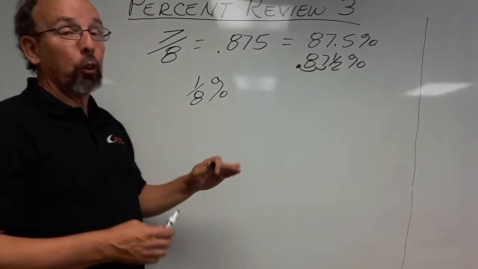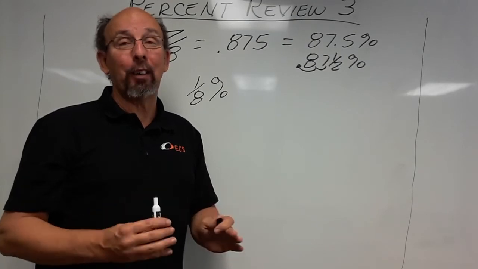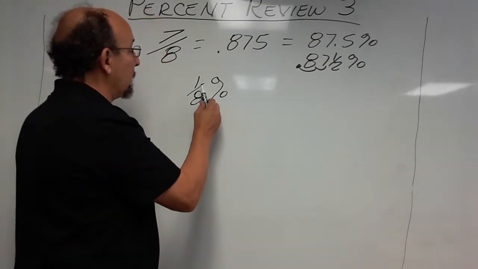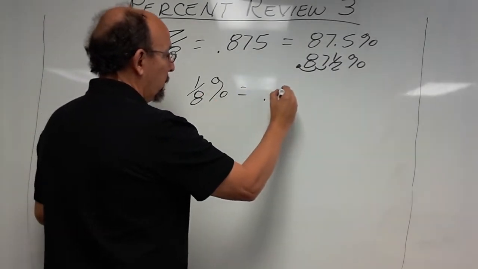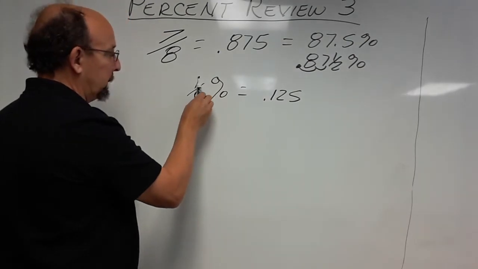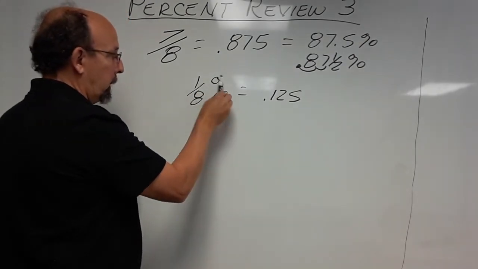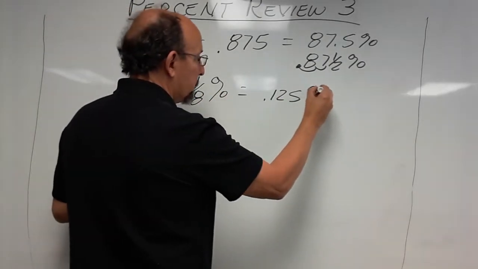So 1/8. Now you know from your page 79 that 1/8 is equal to 0.125. But this is 1/8 of a percent. All right? You're kind of saying 1/8% is 0.125%.